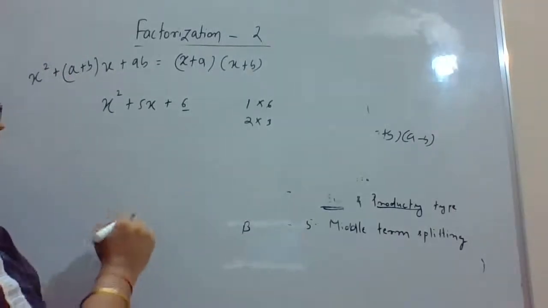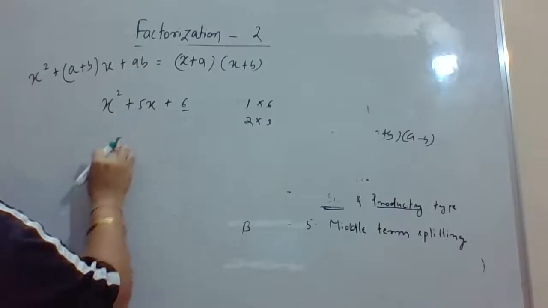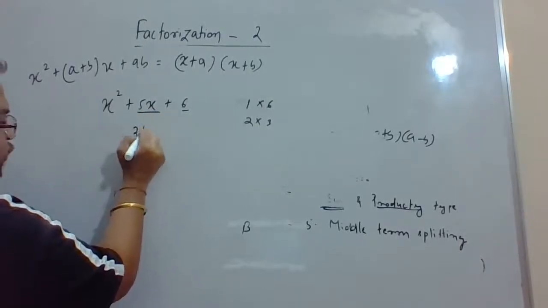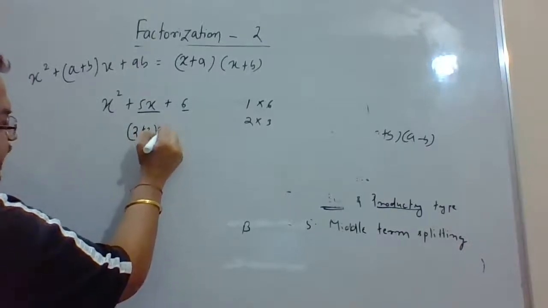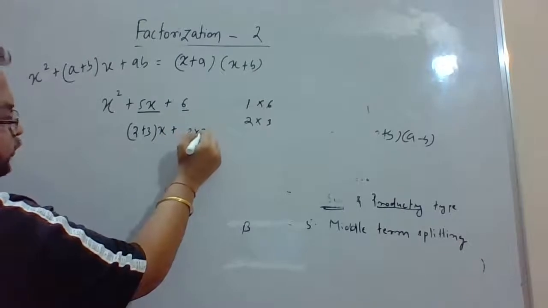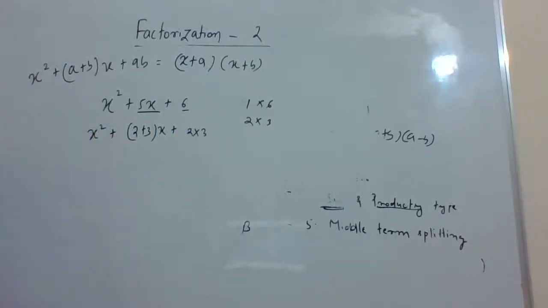Now, if you see here, the middle term 5x can be written as 2 plus 3 into x, and the last term can be written as 2 into 3, and the first term is x squared.